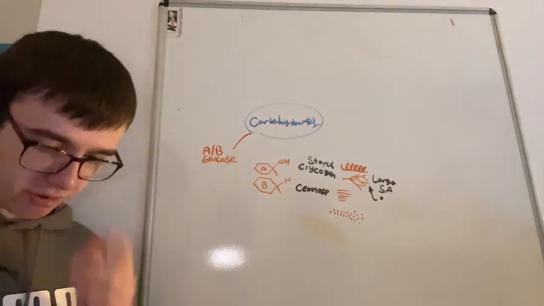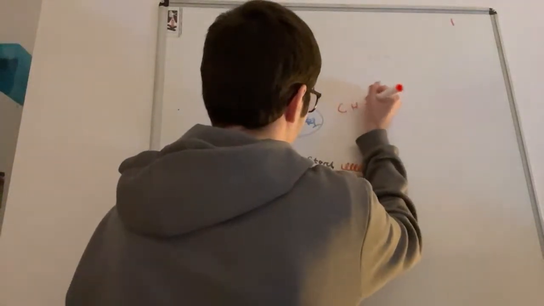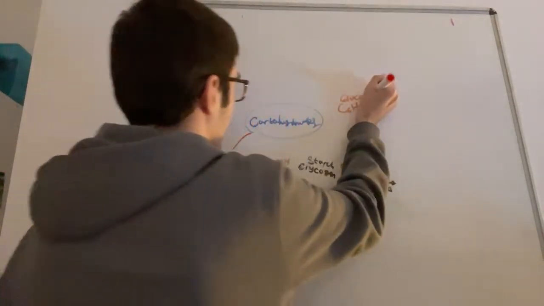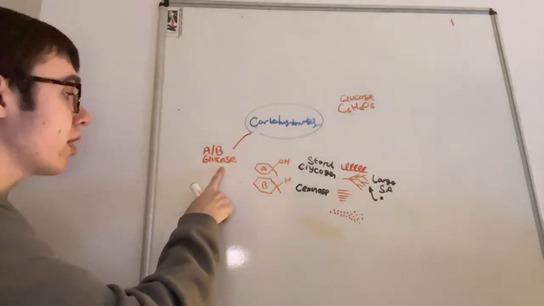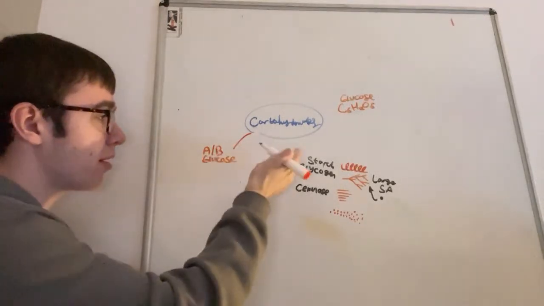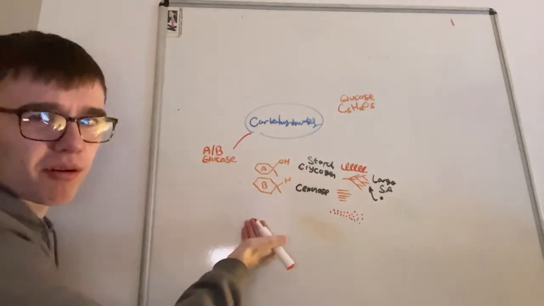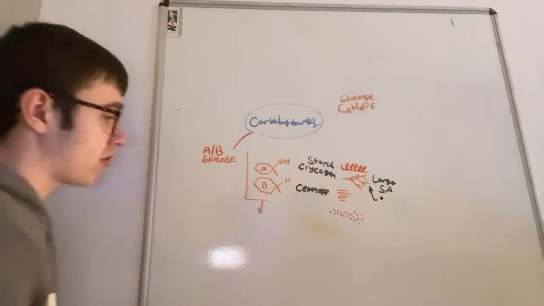Alright, what else? I mean, glucose? That's a really generic thing to say. But C6H12O6, glucose. There is a word for this, because alpha and beta glucose are made up of the exact same atoms, the exact same molecules, but in a different formation.